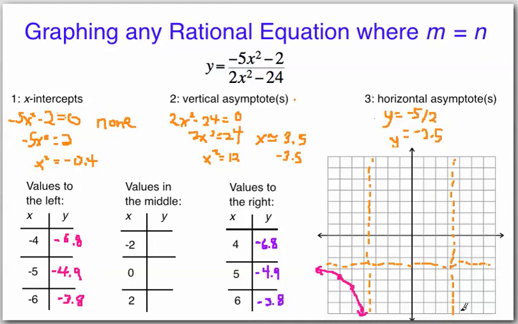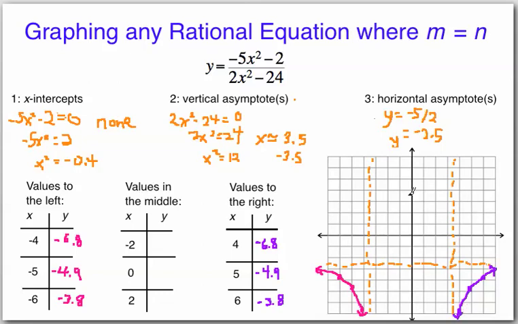Negative 6.8 is about right there, 5, negative 4.9 is about right here, and 6, negative 3.8 is about right here. Again, we just draw in our curves, approaching those asymptotes but never quite reaching them, with arrows on the end.